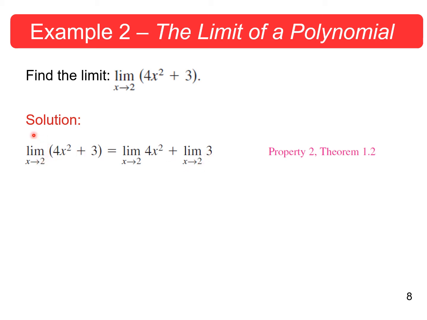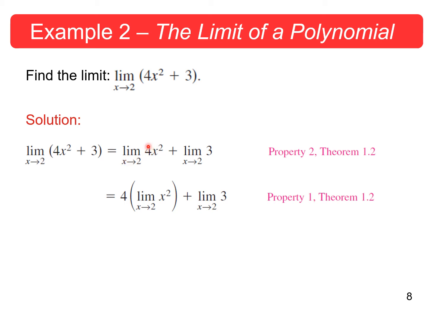In a way, we just distributed this operator over addition. So this is just equal to this. So this is using property number 2 of theorem 1.2. Then next, if we evaluate this limit here, this is a constant times a function.